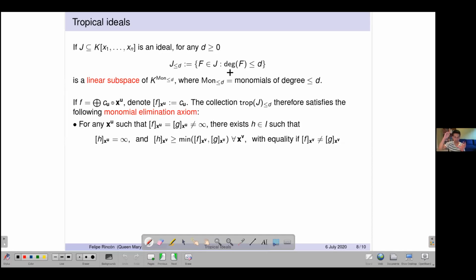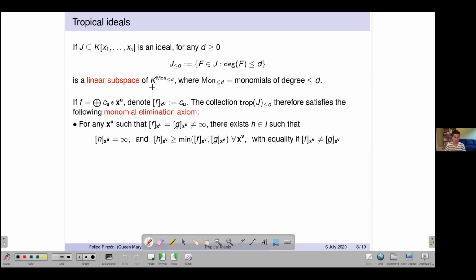Consider all the polynomials of at most degree 7. That's a linear subspace because you can add those polynomials and you get a polynomial there, you can multiply them by scalars and you get a polynomial there, you can subtract them and you get a polynomial there. So you get a linear subspace of a vector space that has dimension as many monomials as there are of degree at most d.